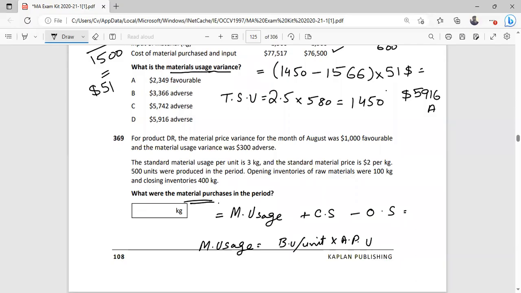So now we have standard material usage of 3, which means budgeted, into we have actual production units of 500. So material usage is 1500 plus closing raw material of 400 provided here and minus opening stock of 100 here. So we have 1800 as material purchases.